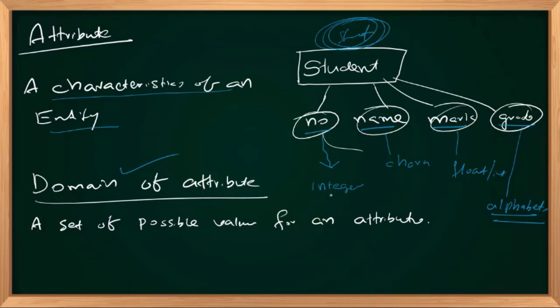We cannot say ABCD; ABCD are characters. A student number can only be an integer. Name is characters. Mark is a float or integer. Grade is alphabet only. A permitted value is called the domain of an attribute.